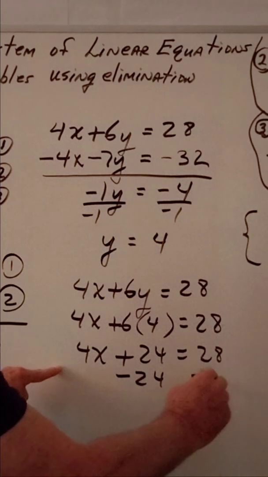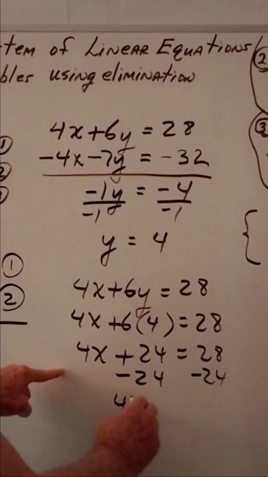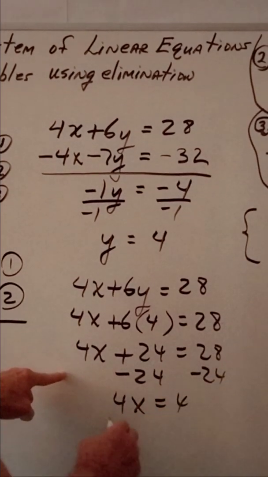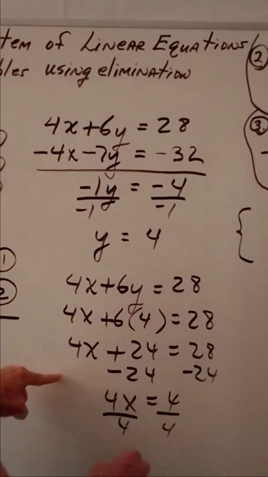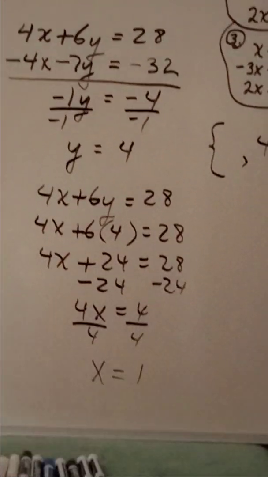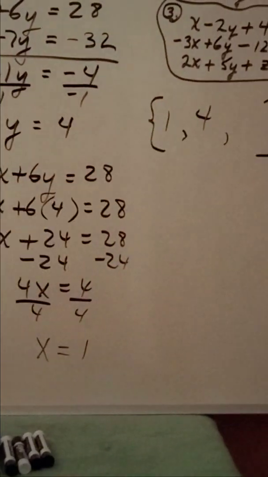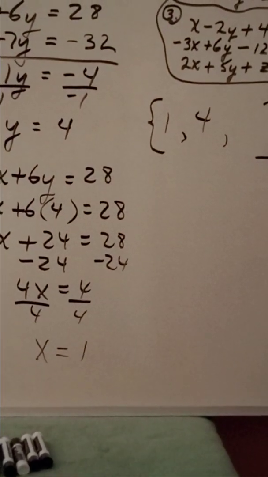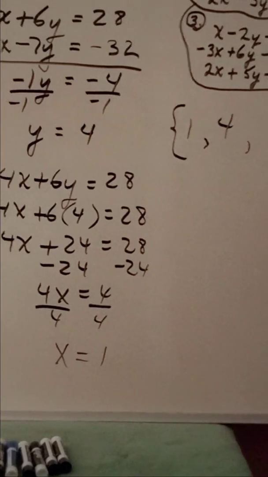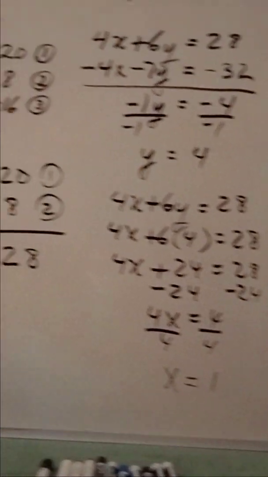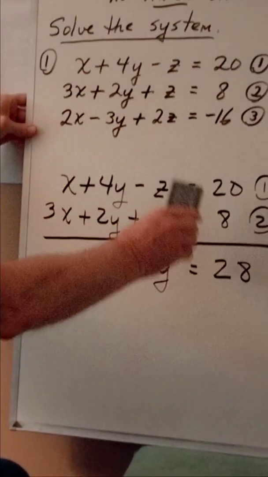Negative 24, negative 24. 4x is equal to 4, divide by 4 on both sides. X is equal to 1. Put that 1 in the x spot of that potential triple that we're about to get. And then I'll just go ahead and erase this.